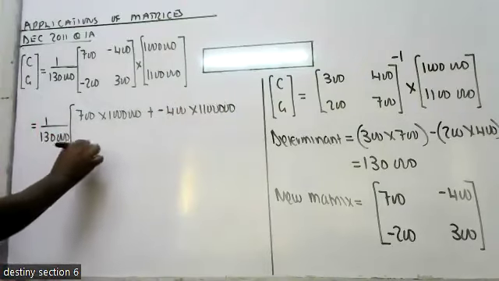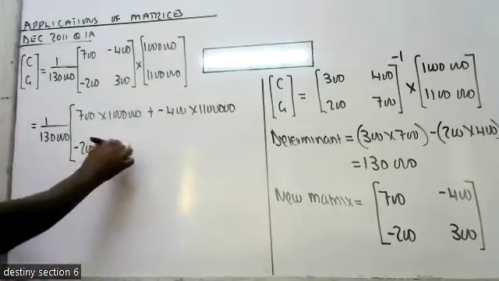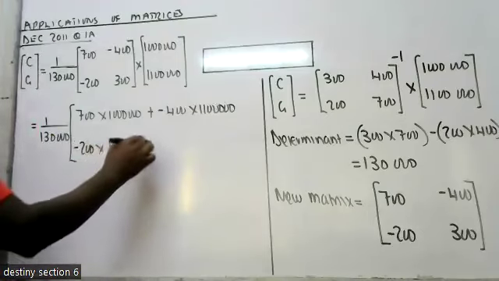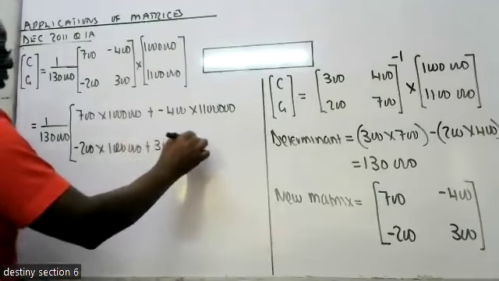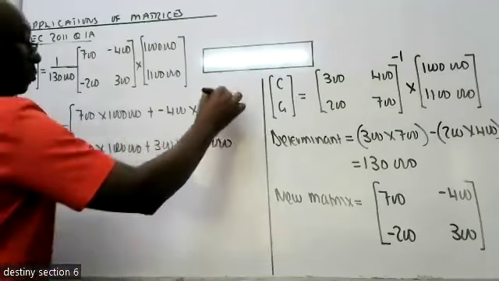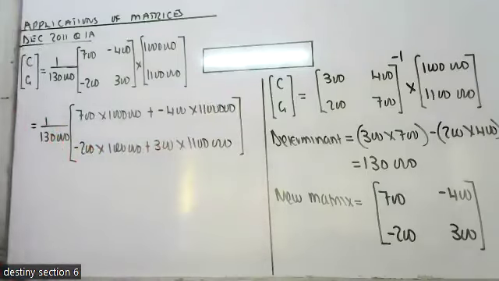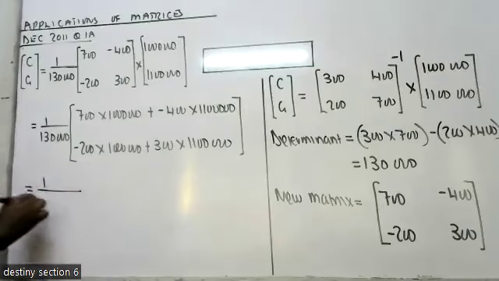Then minus 200 multiplied by 1 million plus 300 multiplied by 1.1 million. That way. So I proceed with my workings.